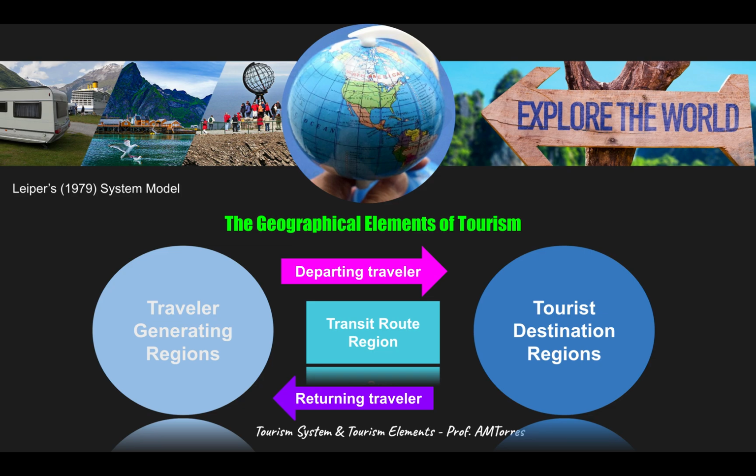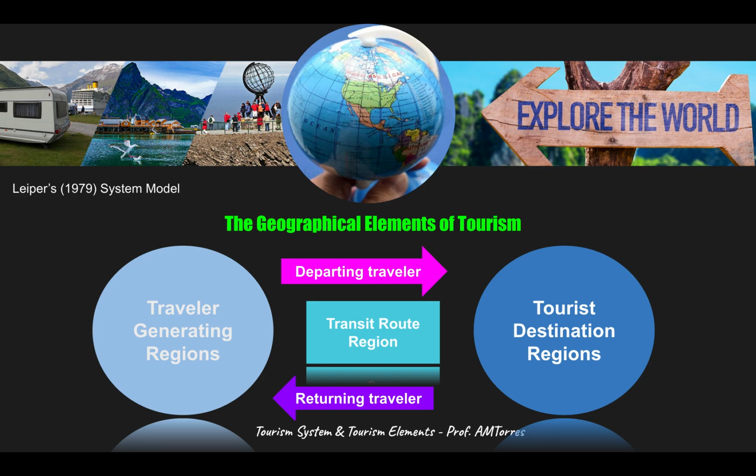Okay? Now, if we look at the arrow below, the purple arrow, and it says returning traveler, it means that the tourist who went to a certain destination has to go back to where they have come from, or to where the point of origin is.